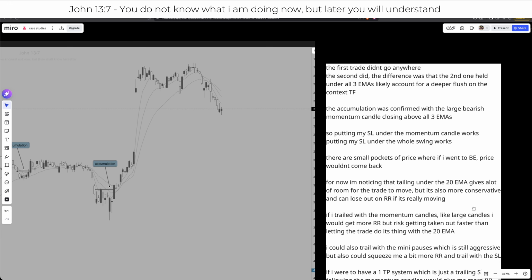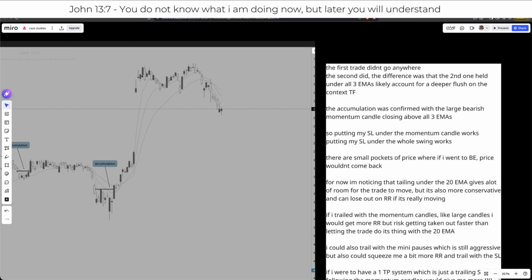In terms of a trailing stop loss, if I were to follow the pockets, I would get pretty good RR. If I were to follow the 20 EMA, I would lose out on RR, but it would give time for price to do what it wants to do and maybe go for another sideways movement for another expansion. But it does close here. If I trailed with the actual momentum candles, I wouldn't consider this momentum.